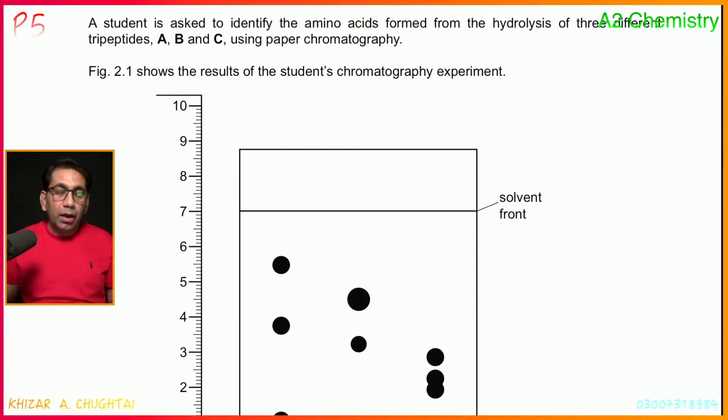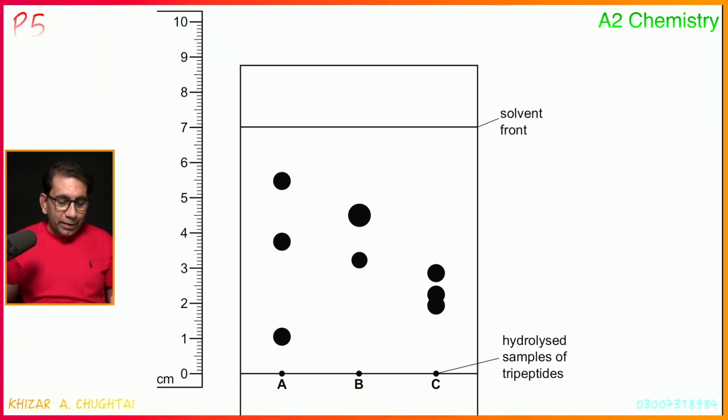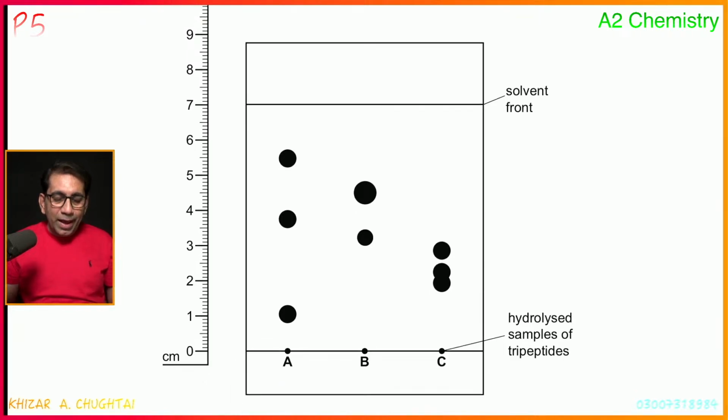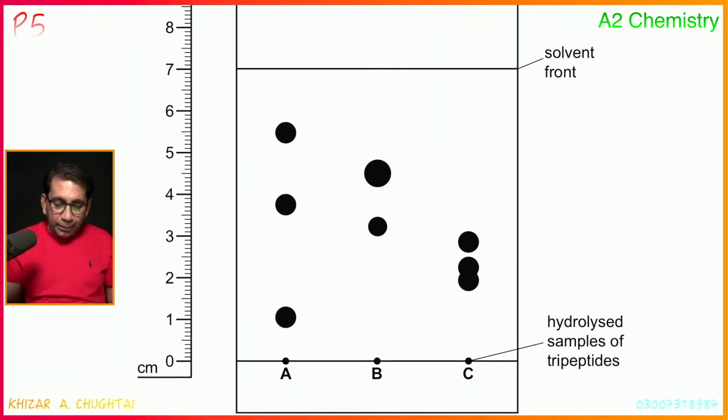C using paper chromatography. Figure 2.1 shows the result of the student's chromatography experiment, and here is the ruler on the left hand side, and this is the basic shape of this chromatogram. A has been split into 3 spots, B into 2, C into overall 3, but 2 are quite overlapped.